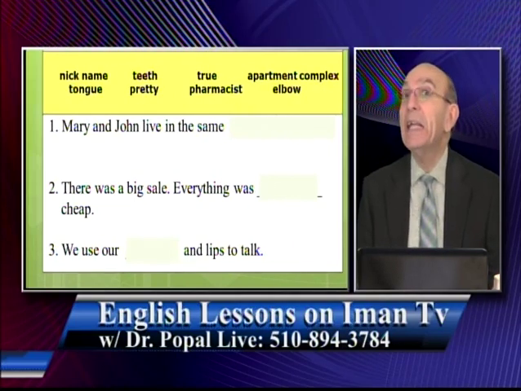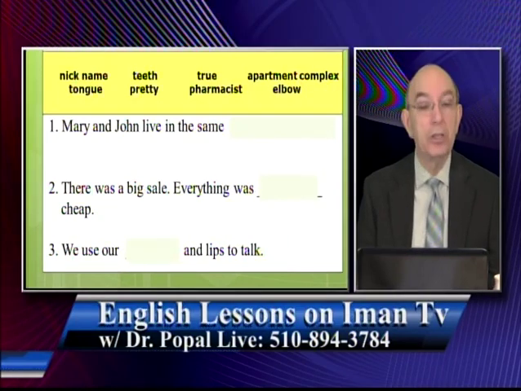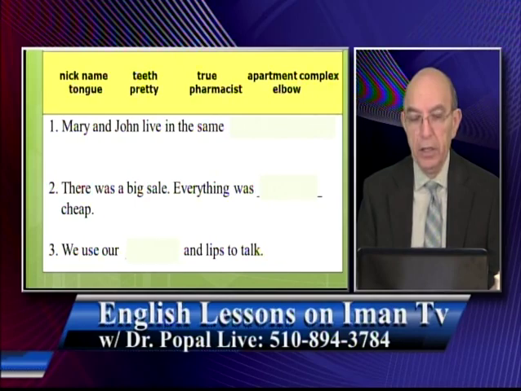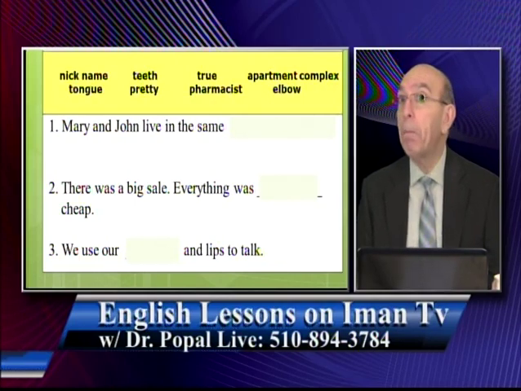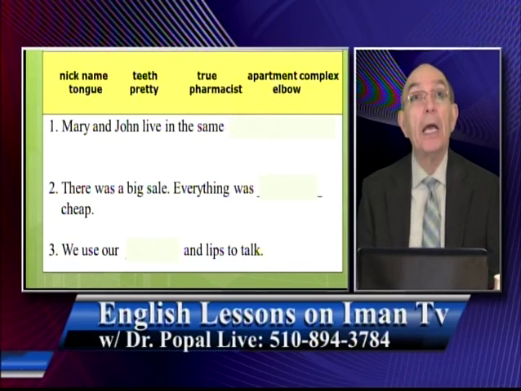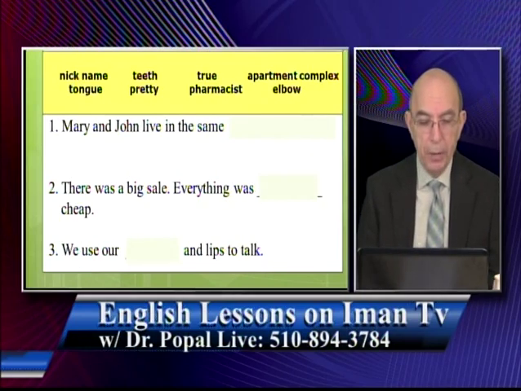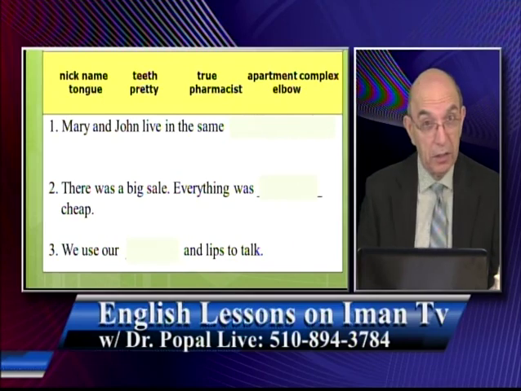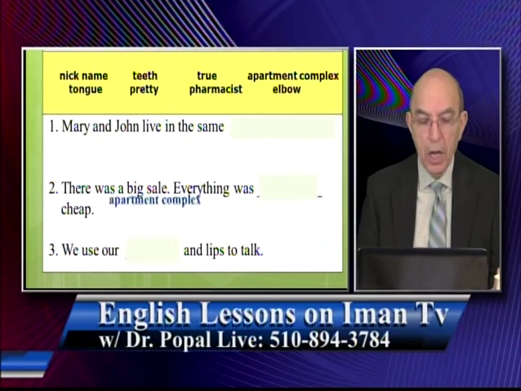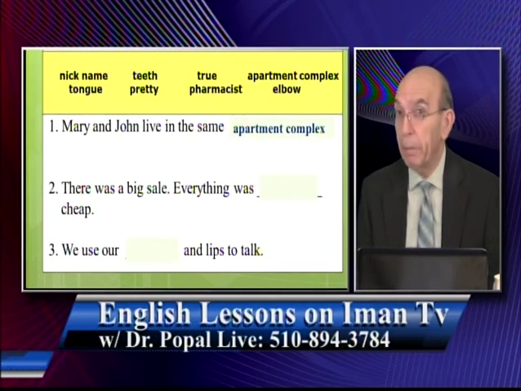Okay, so now let's look, and this time let's use the words in the correct spaces. Again, nickname, tongue, teeth, pretty, true, pharmacist, apartment complex, elbow. Number 1, Mary and John live in the same what? In the same apartment complex.